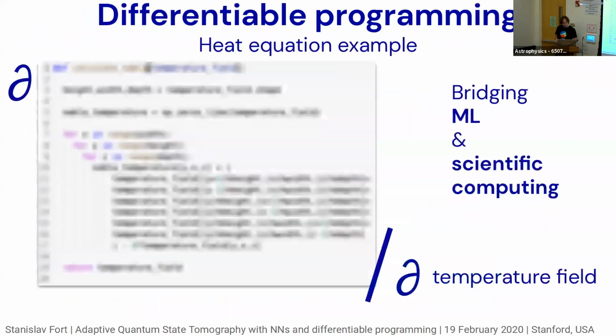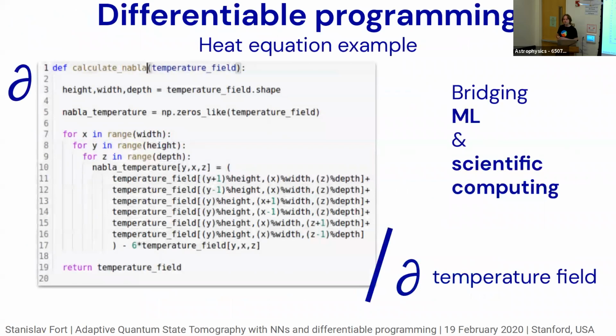Okay. So now more on differential programming, because that's the conceptual framework our algorithm is most well placed in. What you could do here, it's not quantum at all, is I have a function in Python that calculates the nabla of some temperature field and spits out a nabla. And I can take a derivative through the function, partial here, partial there, with respect to the temperature field.